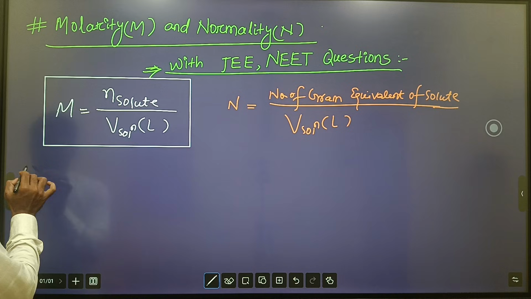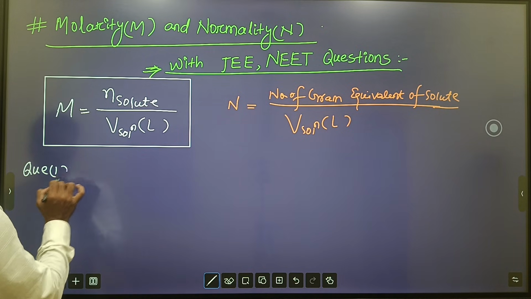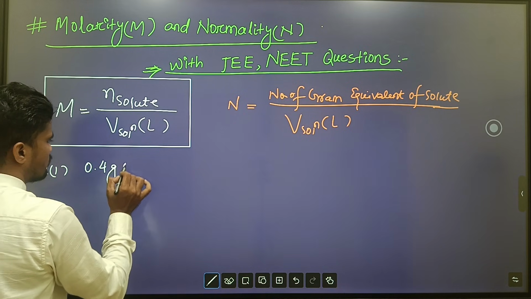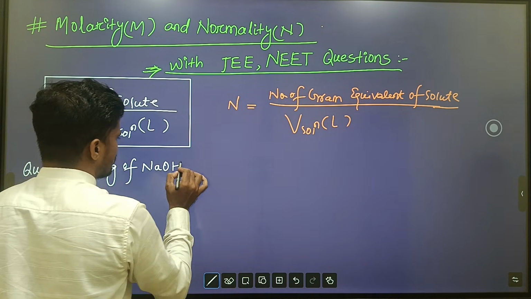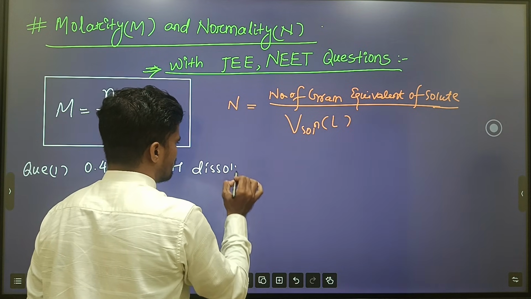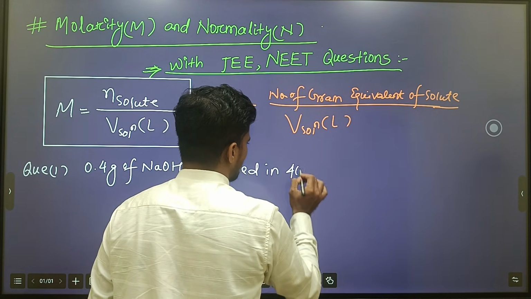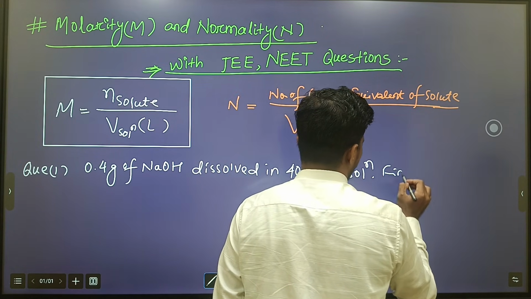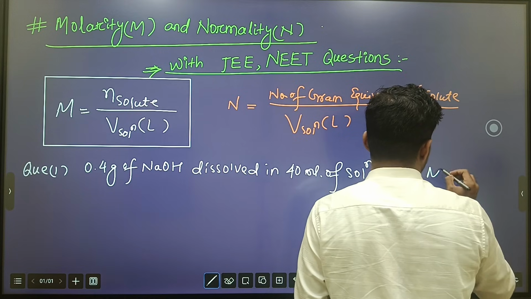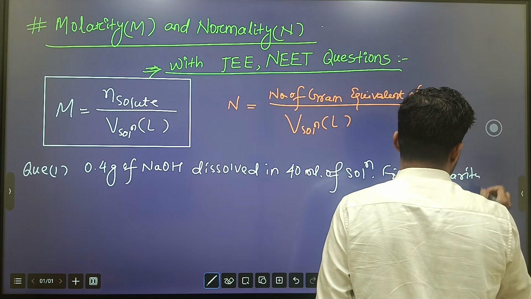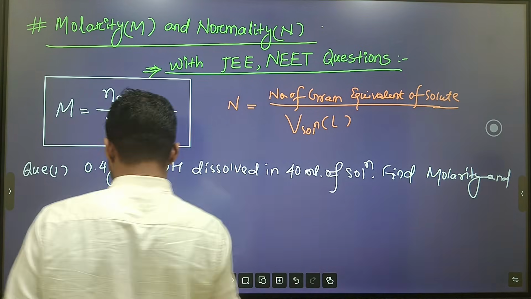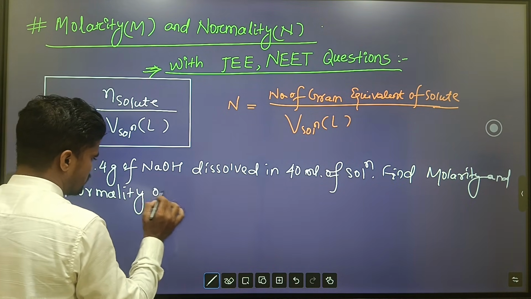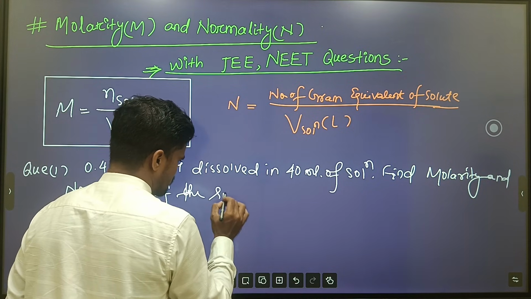See, for example, one question. 0.4 gram of sodium hydroxide is dissolved in 40 ml of solution, then find the molarity and normality of the solution.